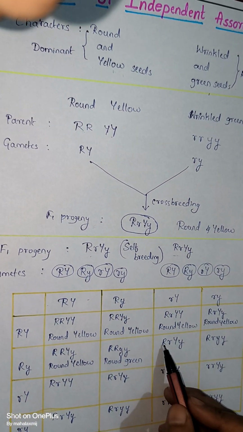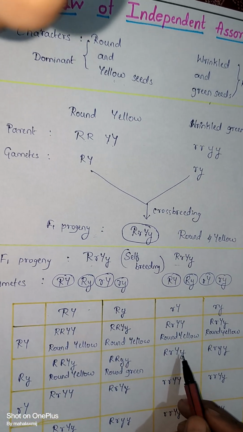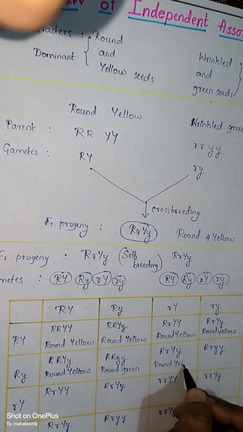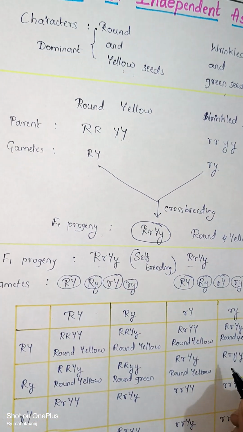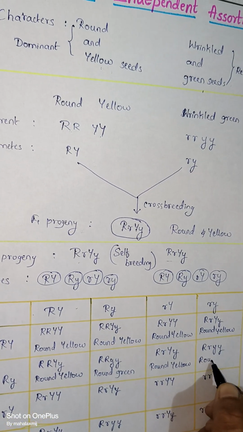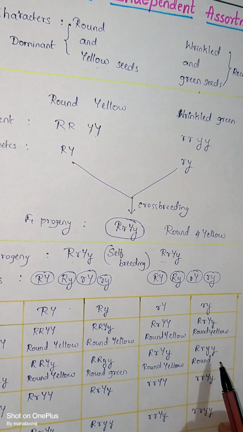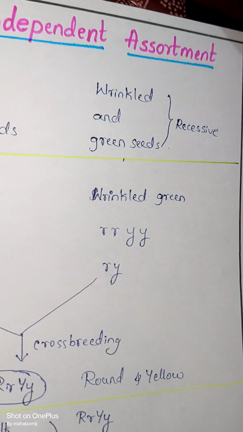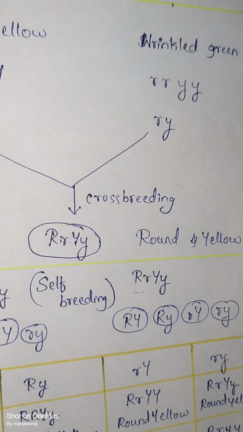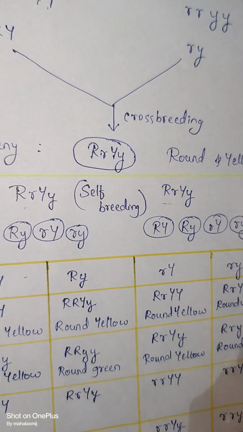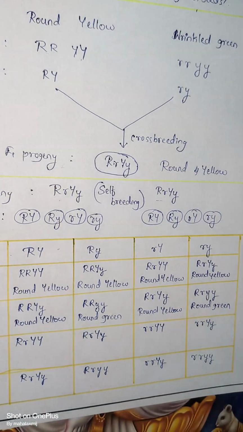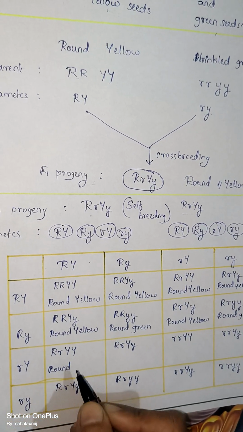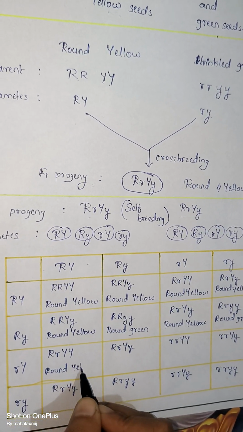Now again, if we come here, one of them is capital, one of them is small, capital and small, so we directly go for the dominant character. If a single letter is capital, then it resembles the dominant character. Again, if you can see here, both the Y's are small. When both Y's are small, it resembles green color. Now here, round and both are capital, so it is yellow.